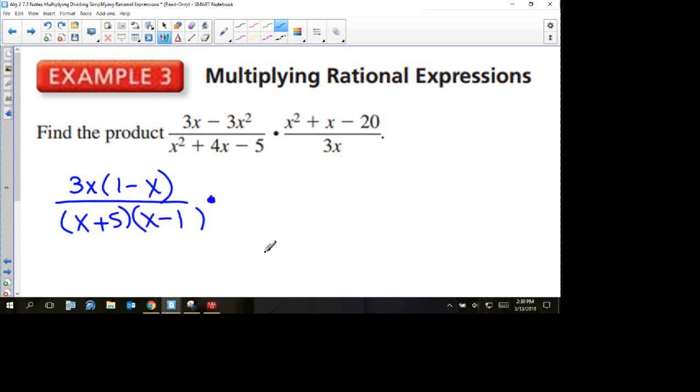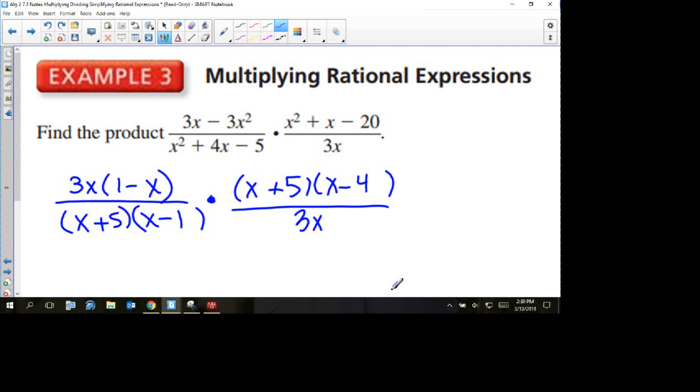Over here, we've got x and x. One's going to be plus, one's going to be minus because there's a minus 20. So x plus 5 and x minus 4. Right? And then 3x is just 3 times x.